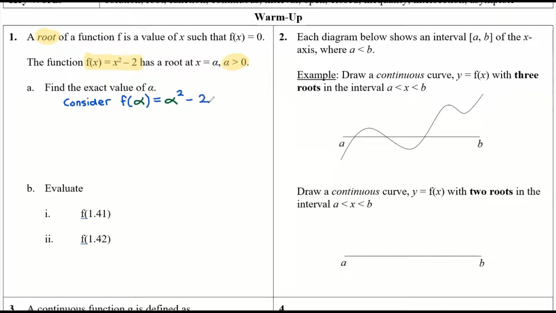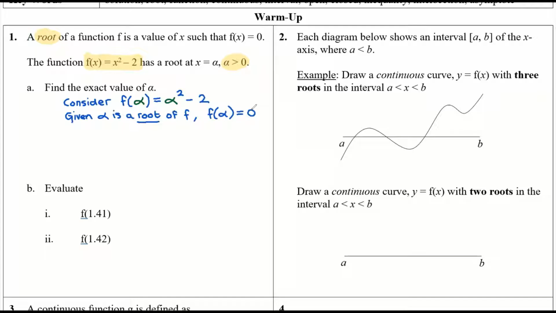Okay. Now then, given alpha is a root of f of x, what that means is f of alpha must equal 0.